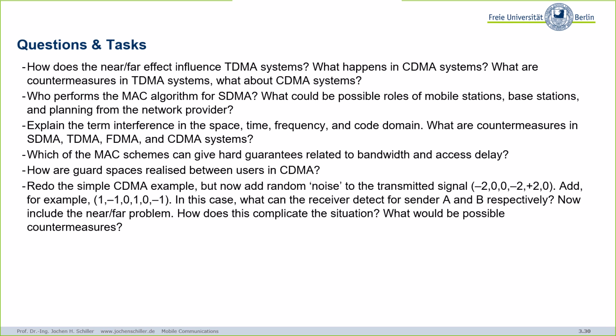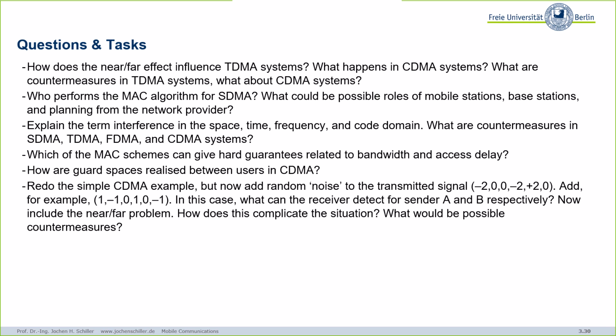And in CDMA, what can we do there to avoid the problem? Forward error correction is one part of the answer. Indeed, if the error rate increases, we can do FEC, forward error correction. That is true. And what else do we have to do with the signals? Yes, it has to do with the distance to the receiver. So sending earlier, that's important for TDMA systems.